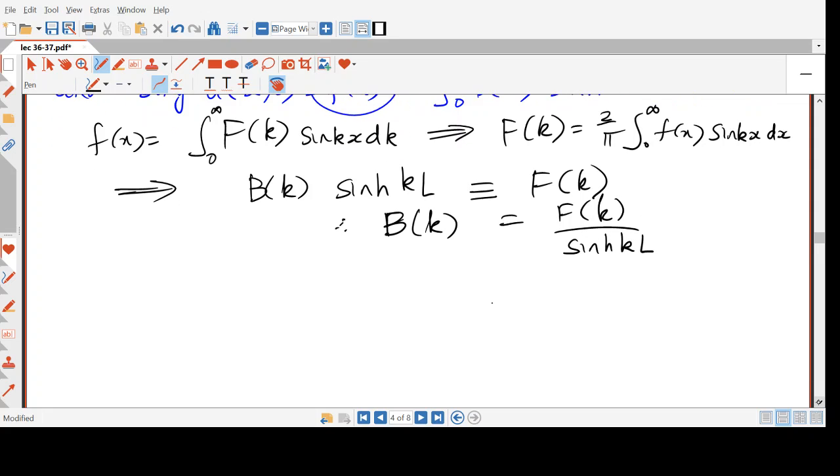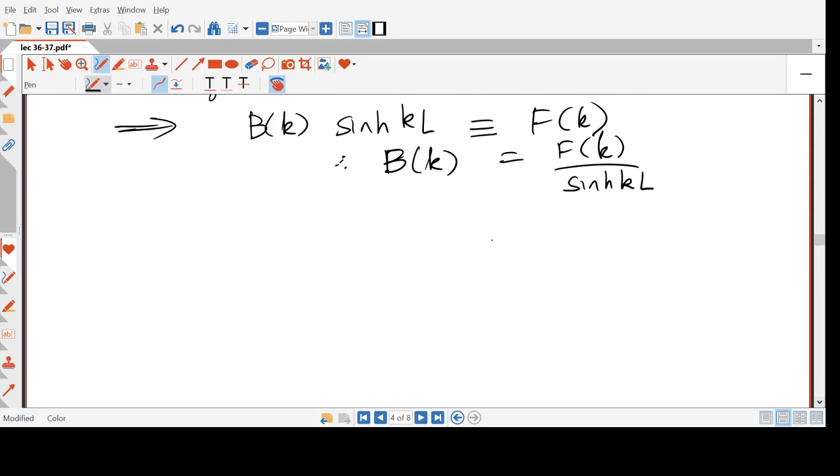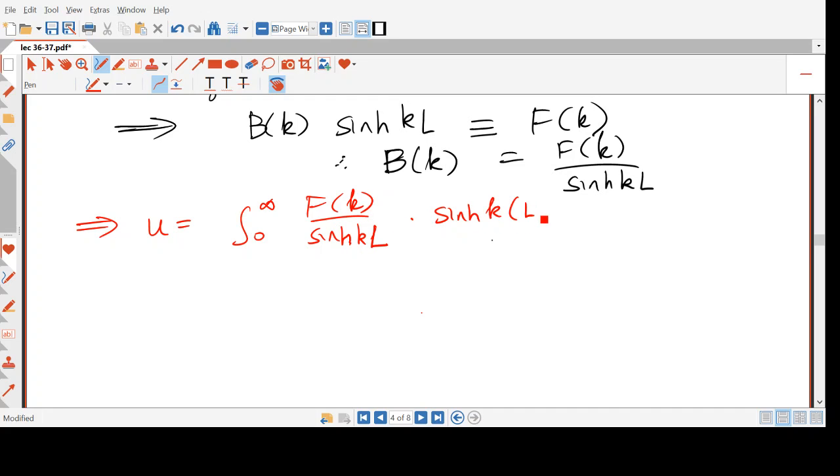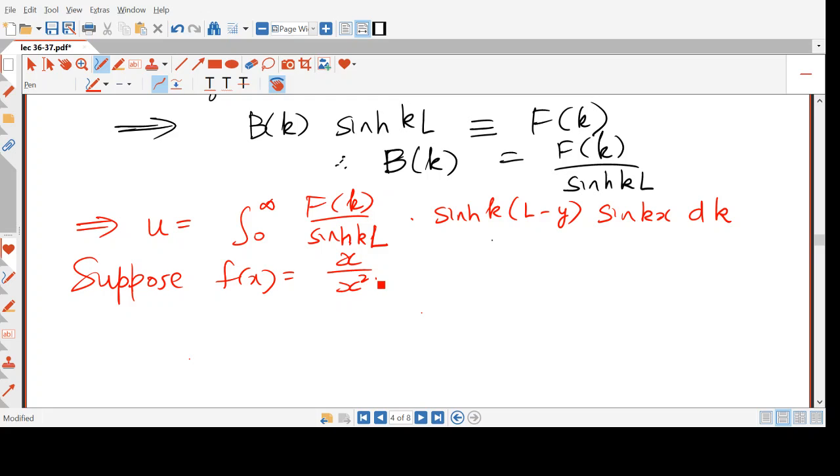Now the F of k will depend on what function f of x is. Okay, so finally you can say that u is equal to the integral from 0 to infinity of b of k, which is F of k over sinh kL, times sinh k into (L minus y) sine kx dk. So suppose f of x was, let's say, the same function, x over x squared plus 1.